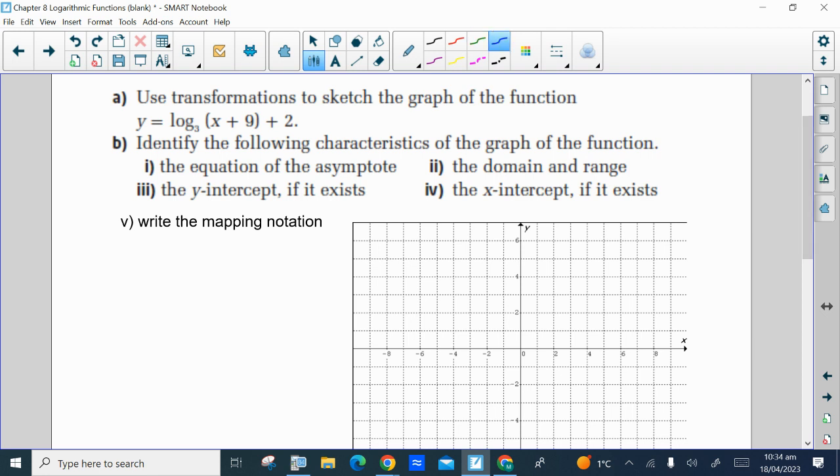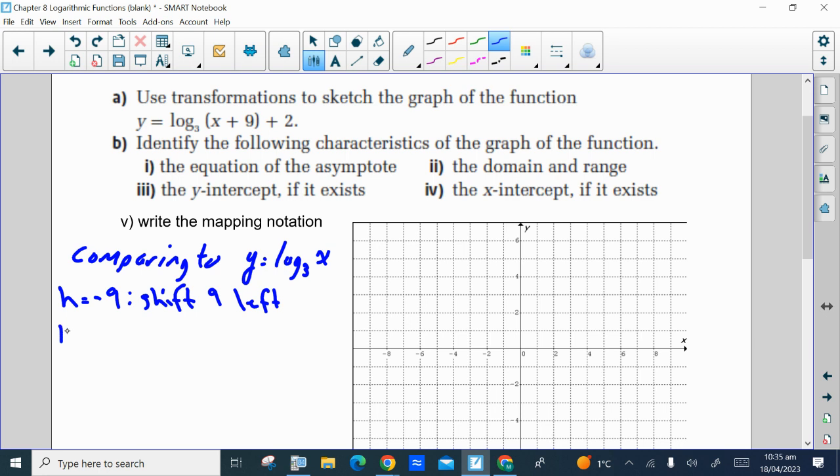So comparing it to log base 3 of x, you can see you've got those two other numbers added in there. You've got that plus 9 and the plus 2. Well, that x plus 9, that 9 is an h value. Remember, whatever happens to x is x minus h. But the value of h is the opposite of what it appears to be. So in this case here, we're going to have an h value of negative 9, which means the graph will shift 9 to the left.